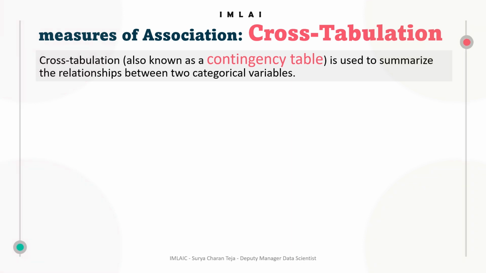Now we will be looking into a tool which can be used to summarize the relationships between two categorical variables. What it does and how it does it, we'll see with the following example.